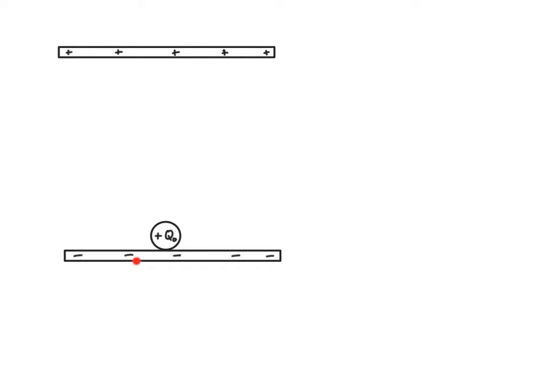The negative charges here are going to attract the positive charge toward them, and the positive charges over here will repel this positive charge away from them. And so if we place this charge right at the bottom, it's stuck. It can't go anywhere. And so we can say that it doesn't have potential energy, or at least no potential energy that we can take out of the system with this contraption.